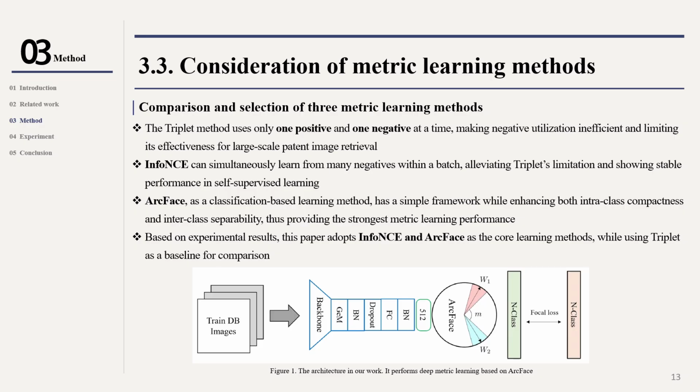ArcFace, as a classification-based learning model, has a simple framework while enhancing both intra-class compactness and inter-class separability, thus providing the strongest metric learning performance. Based on experimental research, this paper adopts InfoNCE and ArcFace as the core learning methods, while using triplet as a baseline for comparison.